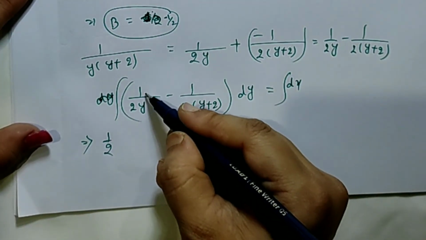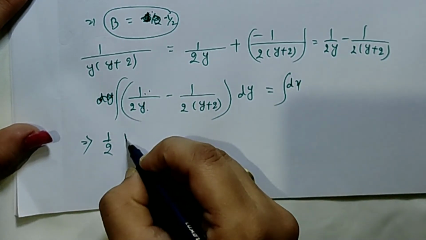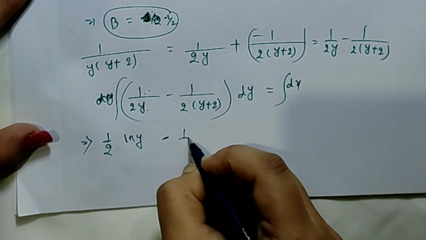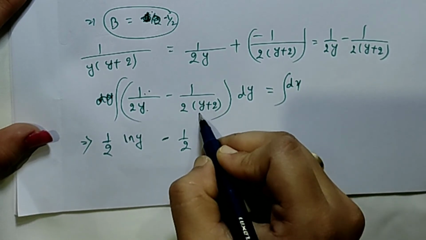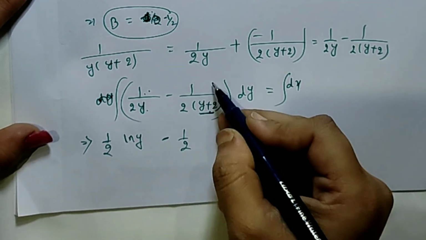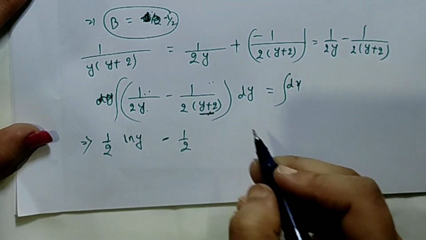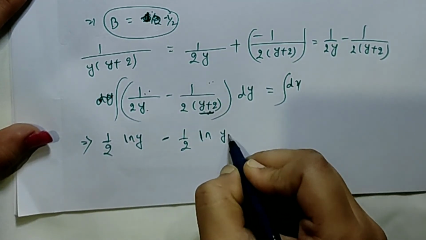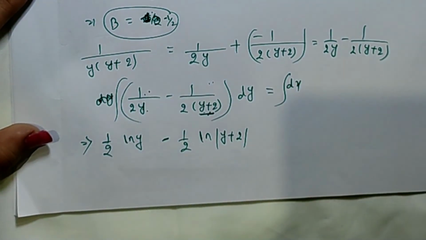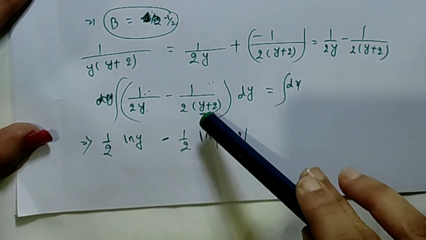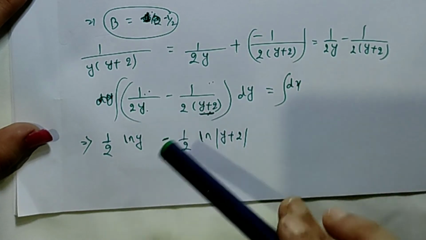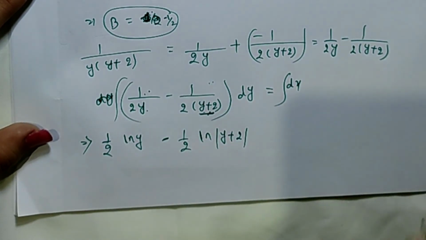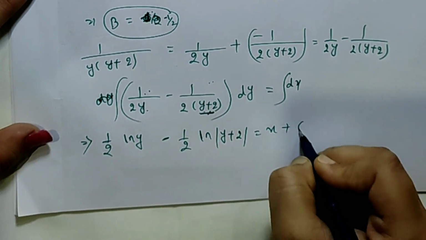So integration of 1 by y will be ln y, minus 1 by 2 is constant, and this is 1 by y plus 2. Derivative of y plus 2 is 1, which is in the numerator, so this term will be ln y plus 2. If the denominator's derivative is in the numerator, then our formula is ln denominator plus c is equal to x plus c.